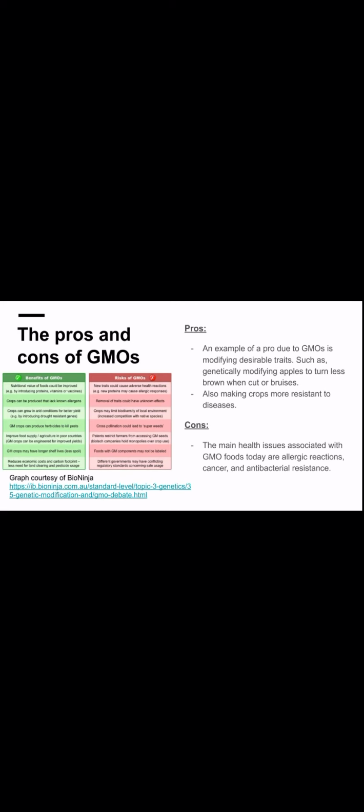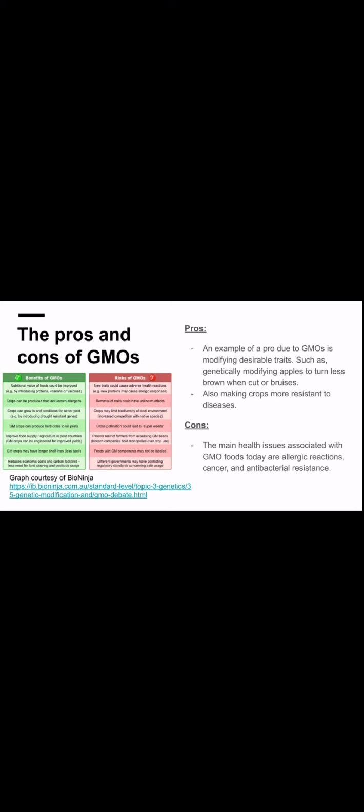However, genetically modified fruits and veggies will last longer and have a longer shelf life versus those whose genes were not altered. Another example would be an apple. Genetically modifying apples to turn less brown when they are cut or bruised is an example of modifying a gene in a fruit.